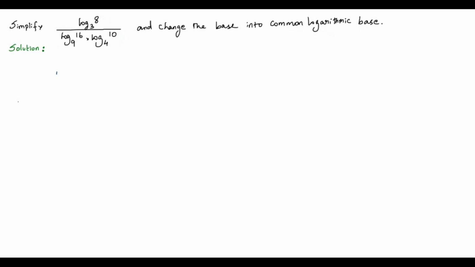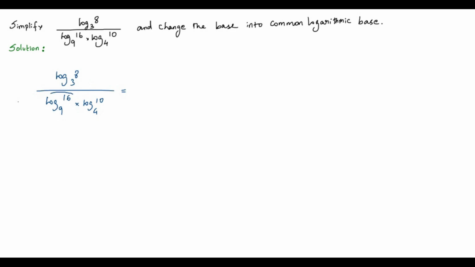Let me write the given expression, that is log 8 to the base 3 divided by log 16 to the base 9 times log 10 to the base 4. Now what I have to do is to simplify the given expression, I'm just going to switch this log 16 to the base 9 to the numerator. Whenever I move logarithms from numerator to denominator or denominator to numerator, I have to interchange the base and argument.